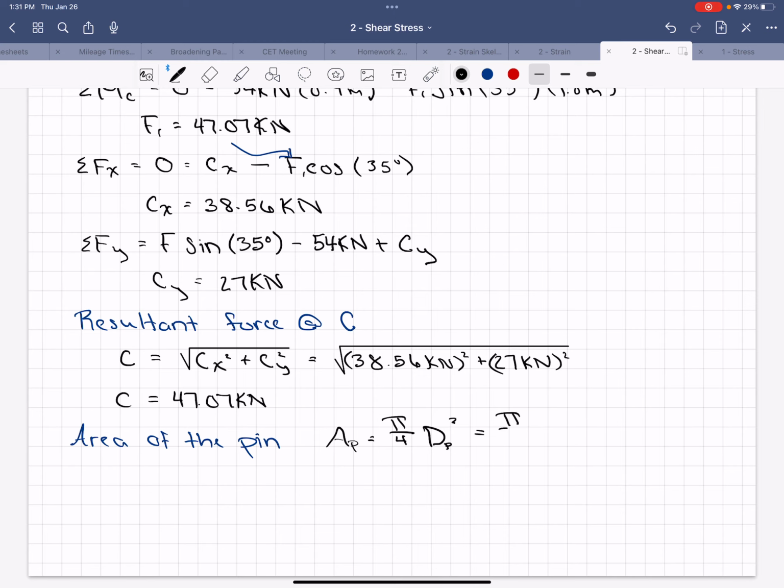So that equals pi over 4 times 25 millimeters squared. And we get an area of the pin equal to 490.87 millimeters squared. Okay, so now we'll start with pin A.